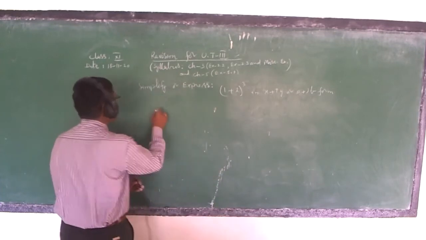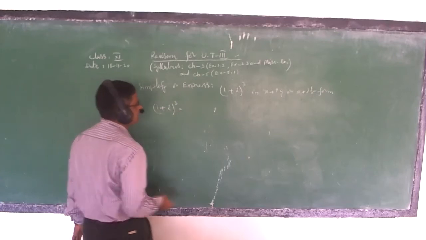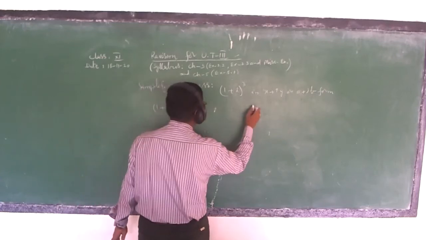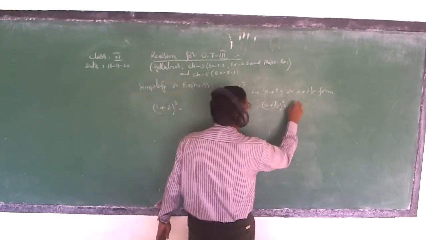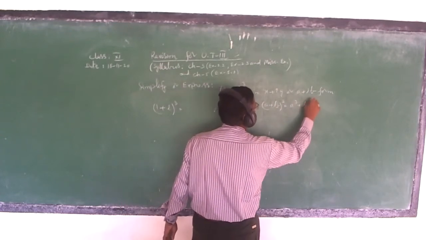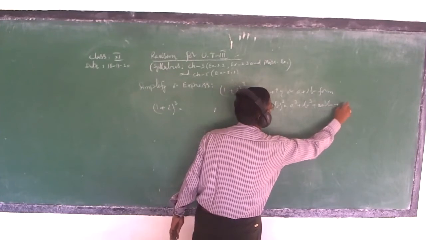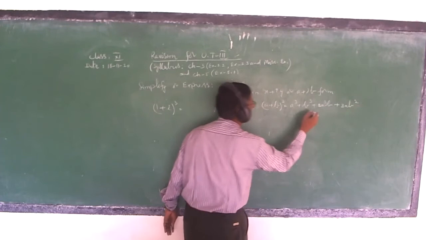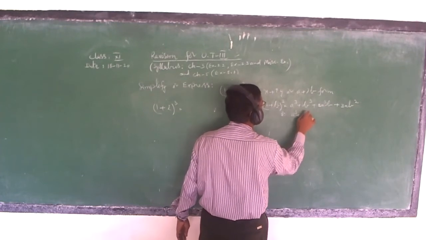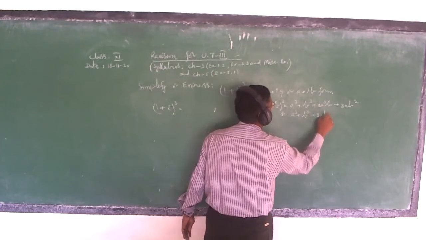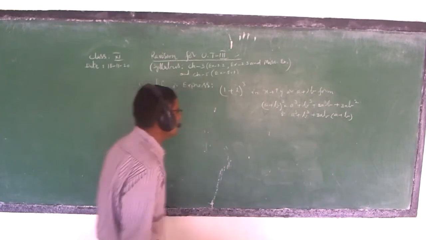So let us find 1 plus i whole cube, using the a plus b whole cube expansion formula: a cube plus b cube plus 3a square b plus 3ab square, or this can also be written as a cube plus b cube plus 3ab into a plus b.